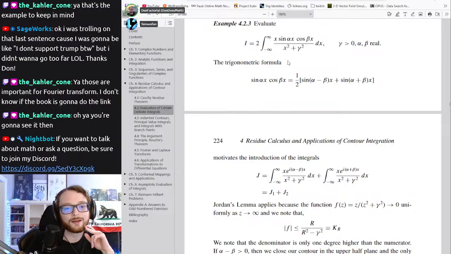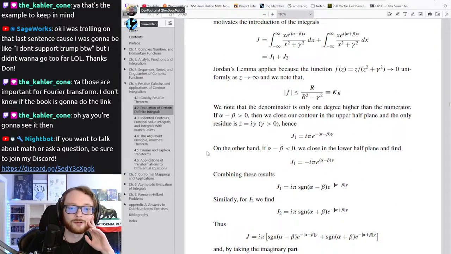Okay, here's the alpha minus beta thing. This is the one that I sort of messed up. I got a long way with it. You have to use a sum to product, or product to sum, to split it up in a nicer way.